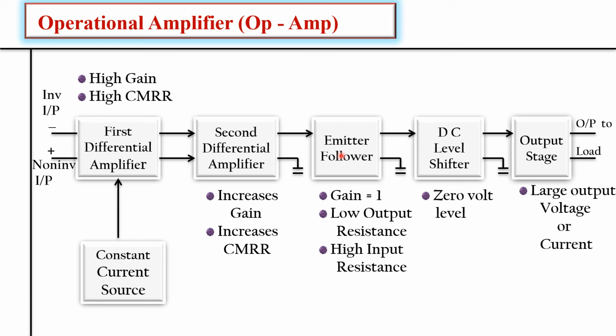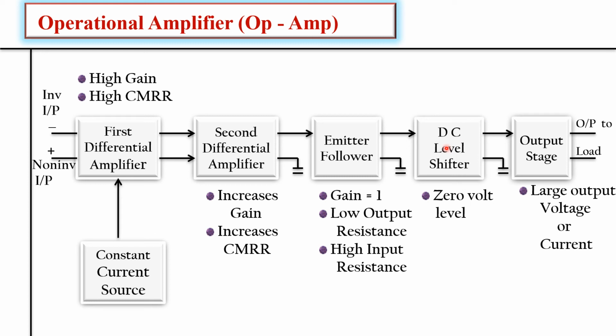The next stage is the DC level shifter. In a DC amplifier, the DC voltage level of the cascade stages increases due to the direct coupling, because internally the differential amplifiers are directly coupled and level shifting takes place. It may be nearly equal to the power supply voltage.